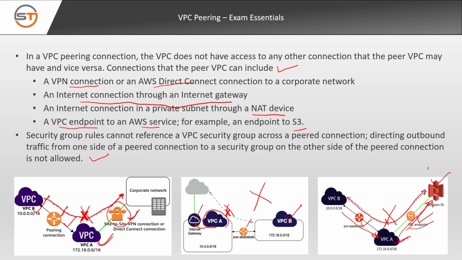So if we have a security group SG1 defined in VPC B and SG2 in VPC A, you cannot refer to SG2 from VPC B even though they are connected with the VPC peering connection, and vice versa, you cannot refer to SG1 from VPC A. So that is pretty much about VPC peering connections.